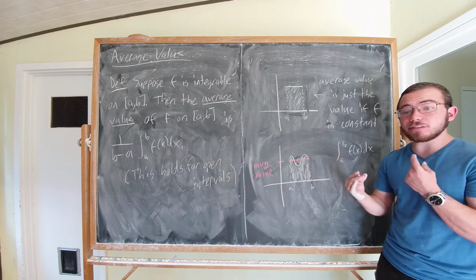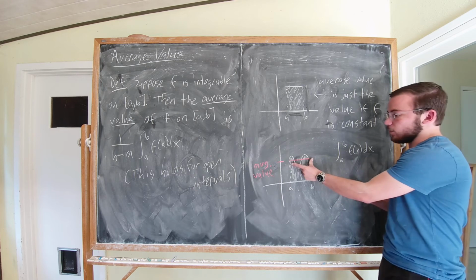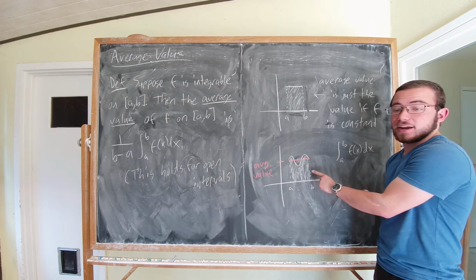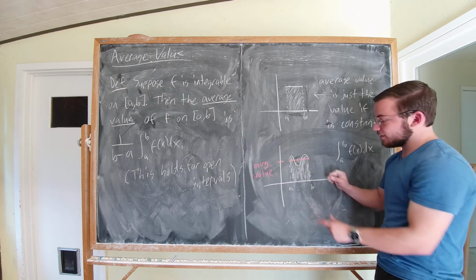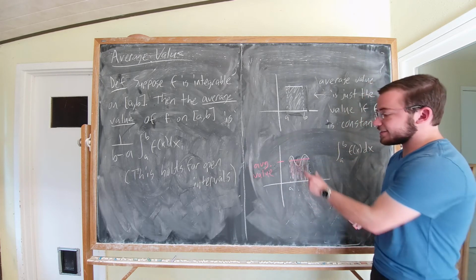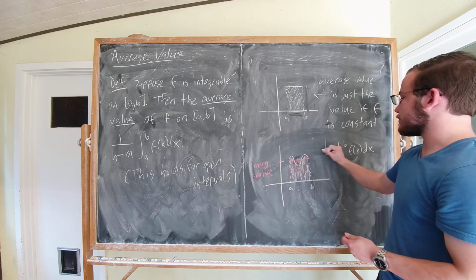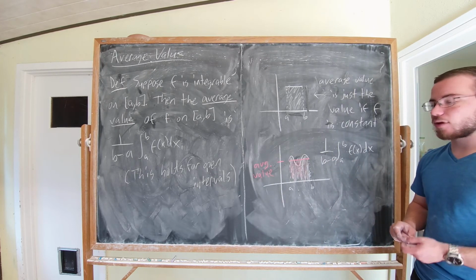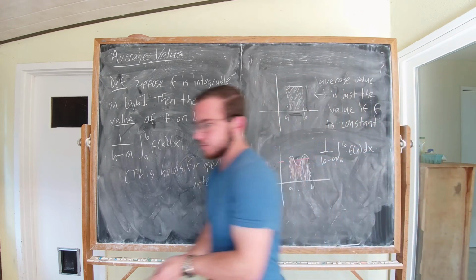And if you believe that those two things are the same, then the exact same idea is going to hold, because what's the height of this side? 1 over b minus a times the area of that rectangle, and if that area under the red is the same as the actual area that measures the integral, then we get the exact same formula. So, hopefully you can believe one of those two explanations. That's why this definition makes sense.